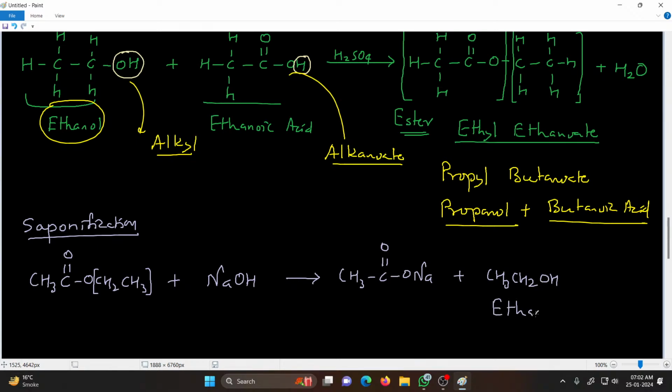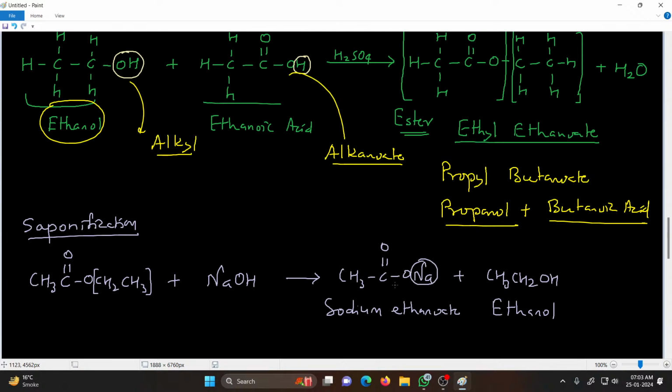So it gives back ethanol, and this is sodium ethanoate. So the ester, that is ethyl ethanoate, in presence of sodium hydroxide gives sodium alkanoate.